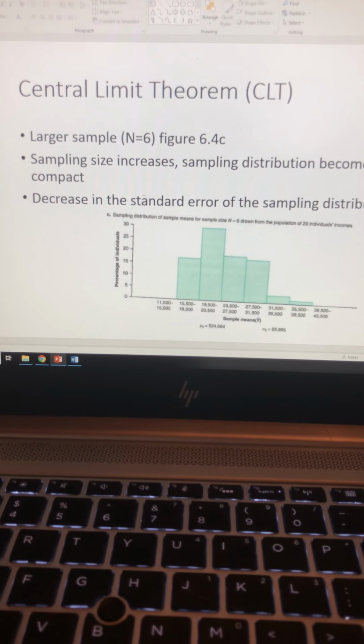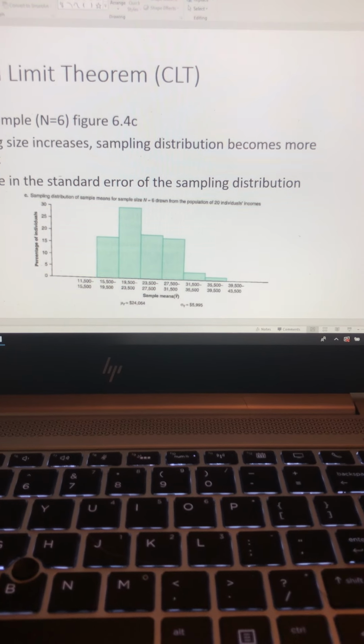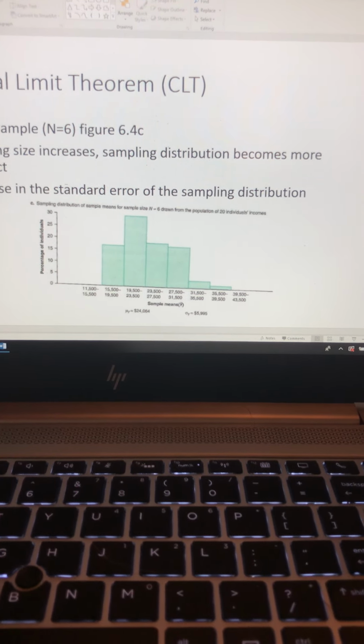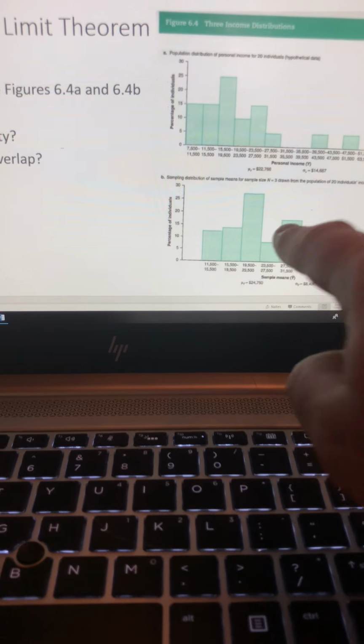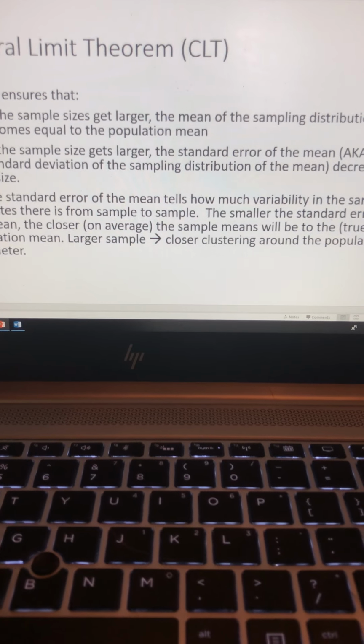Case in point right here, right? Once we increase our sample size to 6, our estimates were much more normal and less spread out, compared to figure B right here, okay?